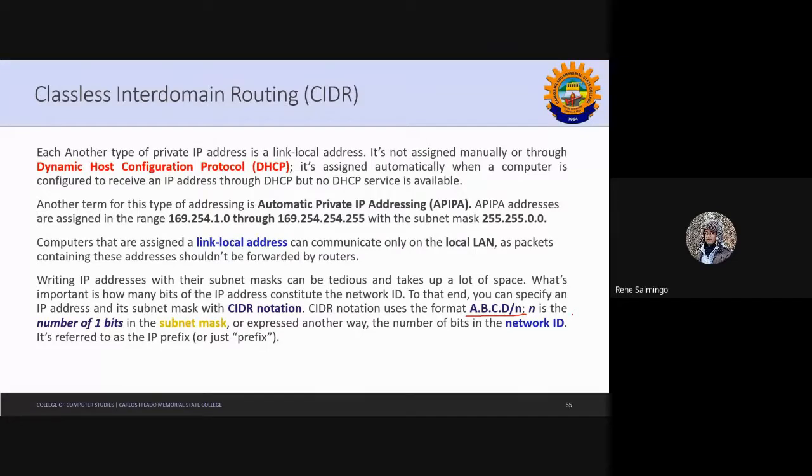So for class A, how many bits do you have for your subnet mask? That is 8 bits, for your class B, you have 16, and for your class C, you have 24. So this is just like a prefix you always see in some books.